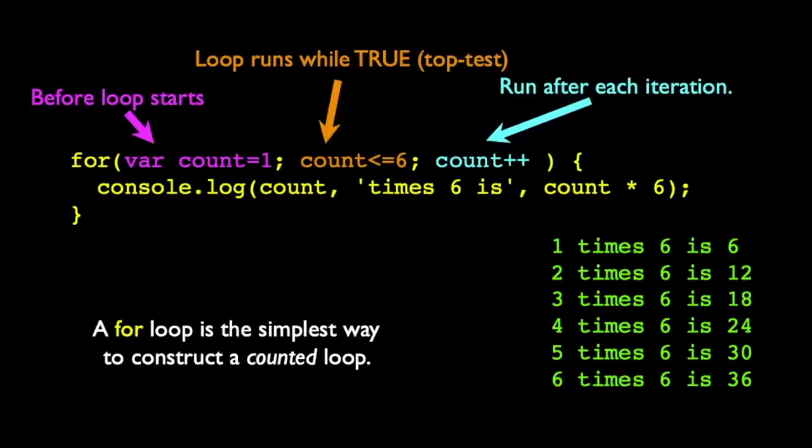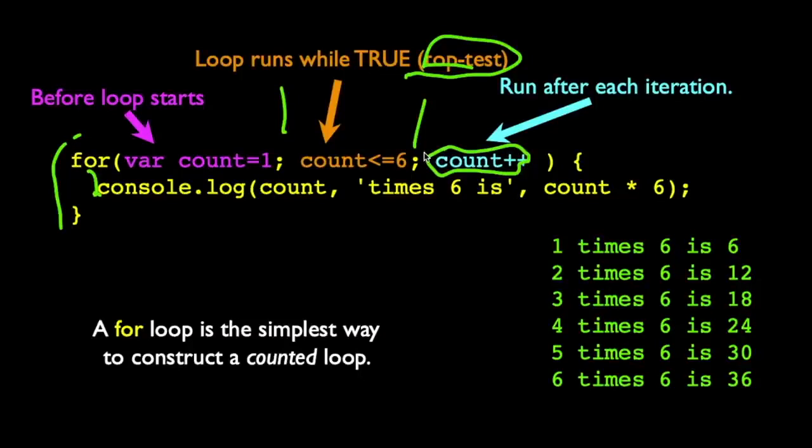The for loop is a counted loop. There's 3 parts to it, and they're separated by semicolons. It looks really complex, but it's not. So you make an iteration variable. The first part up to the semicolon is the code that runs before the loop starts. So I'm going to set this variable count equals 1. The second part is like a while, and it's a top test zero trip loop, and as long as count remains less than or equal to 6, then the body of the loop is going to execute, and then each time at the bottom of the loop we're going to add 1.